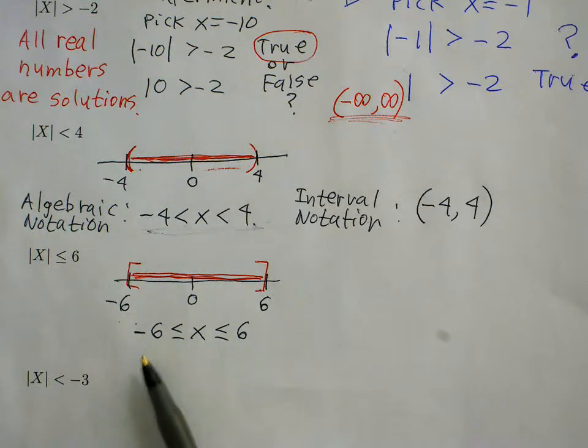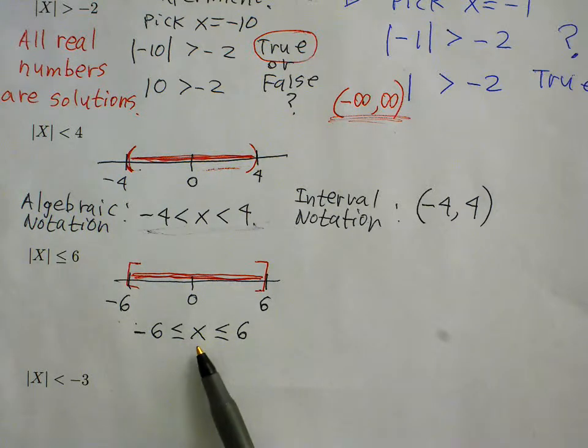So one way to read this is -6 is less than or equal to x and x is less than or equal to 6. Since we use the word and, both conditions have to be satisfied.